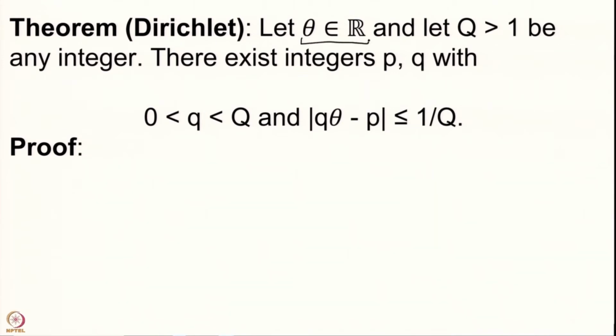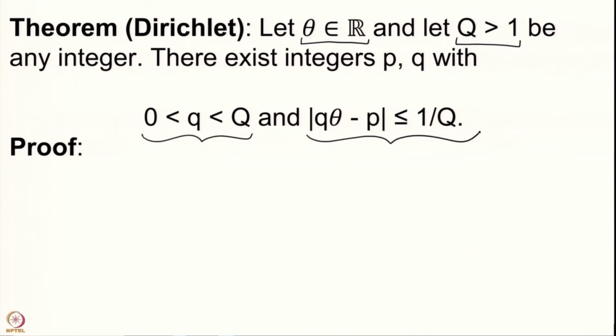We have a real number theta and we fix any integer capital Q bigger than 1. Then we say that there are integers p, q with the property that the denominator q is less than capital Q, and this difference is at most 1 by capital Q. This is the result that we want to prove.